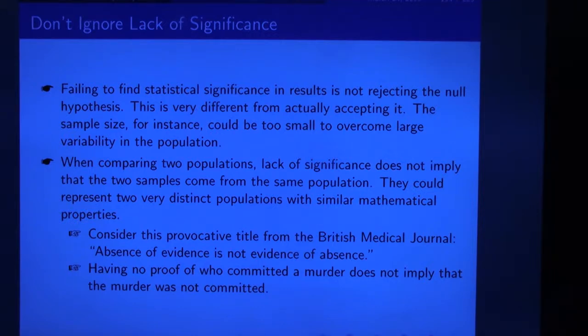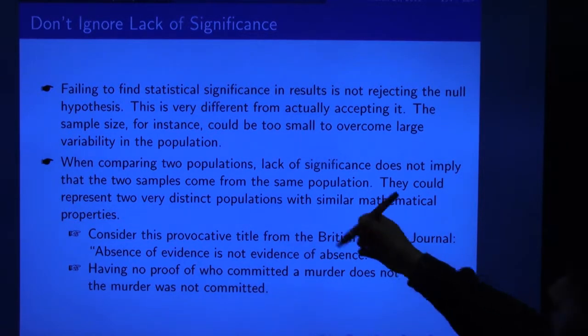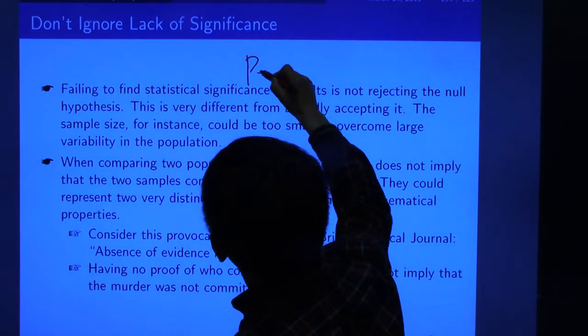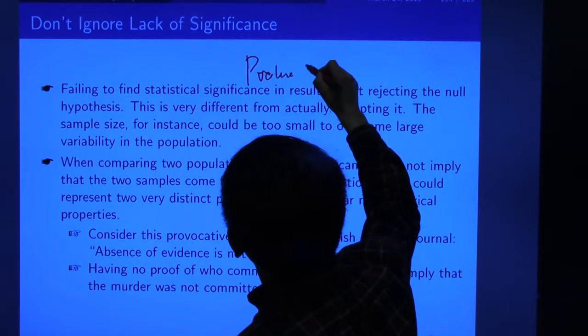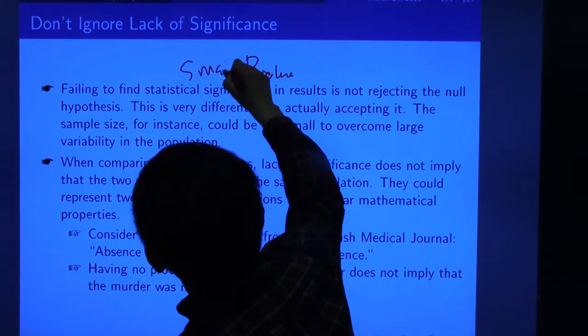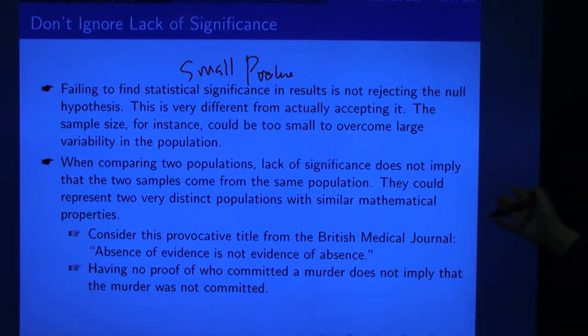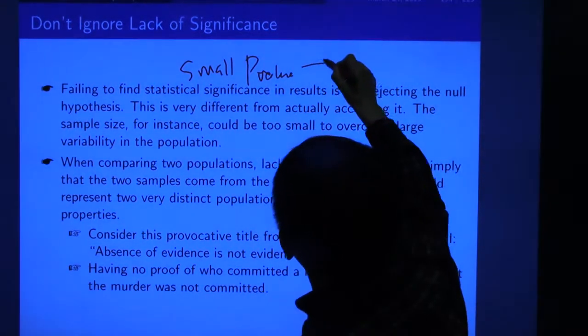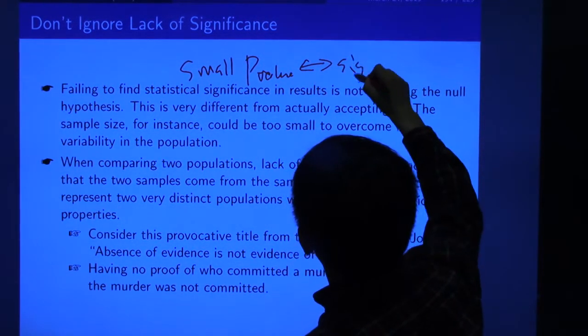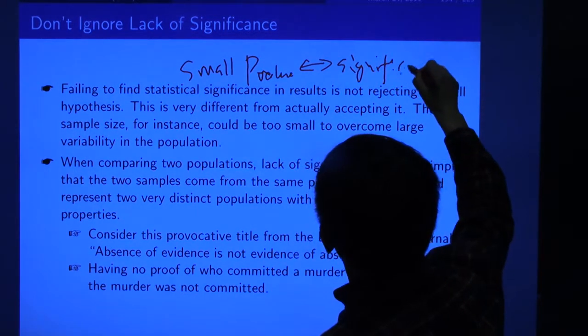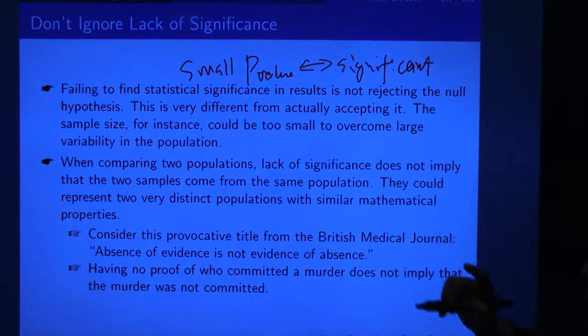Failing to find statistical significance in a result is not the same as accepting the null hypothesis. If the p-value is small, that means this is significant, so we reject.